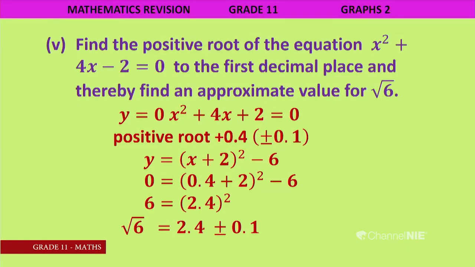The point of intersection of the curve and the straight line is plus 0.4, because they ask only about the positive root. Therefore, 0.4 is the positive root. Plus or minus 0.1 means if you have 0.5 or 0.3, you will have the total marks.